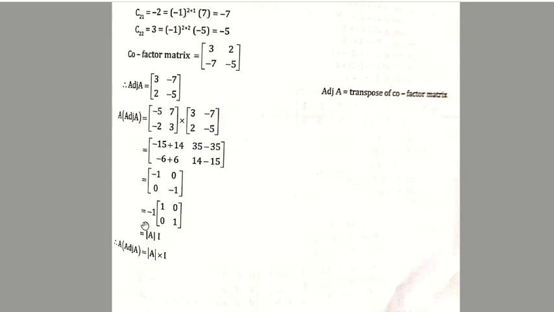Now if you take minus 1 outside, you get 1, 0, 0, 1, which is equal to A into adjoint A, which is equal to determinant A into I. So the determinant A is minus 1.